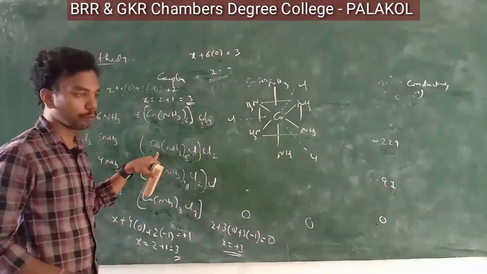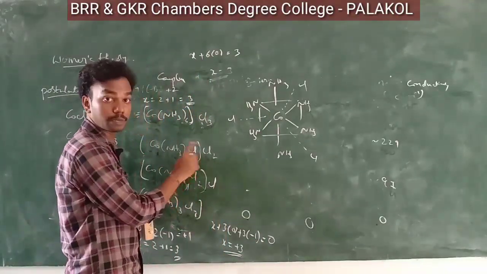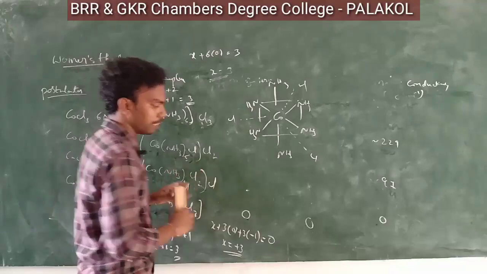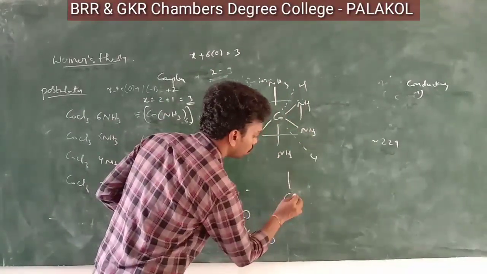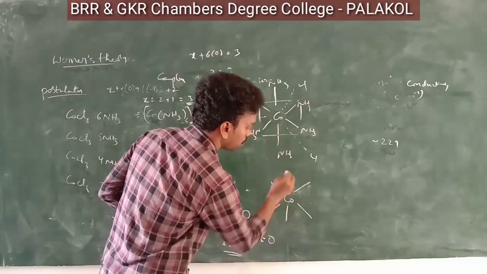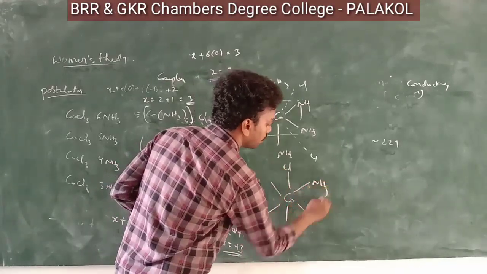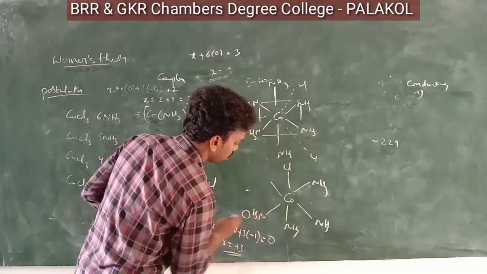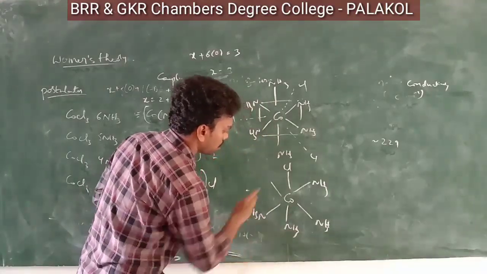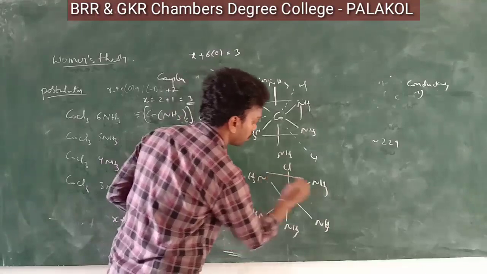Now coming to the second complex. This chloride is satisfying both primary valency and secondary valency. How can you represent this in the structure? Co, chloride, NH3, NH3, NH3, NH3, NH3.